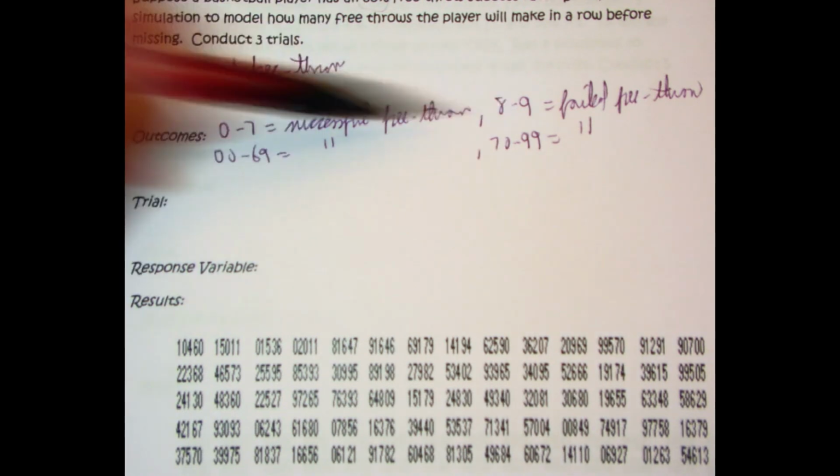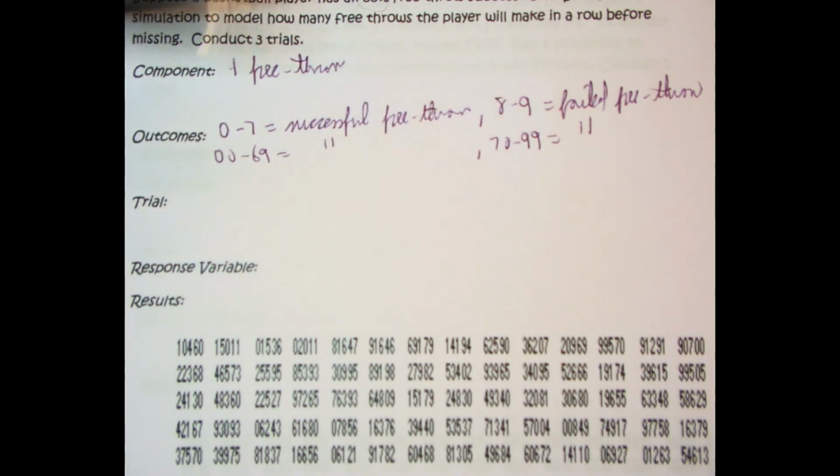You can do it either way. I could do 3-digit numbers, 000 through 699, and well, we don't have to do that. But either way is acceptable.